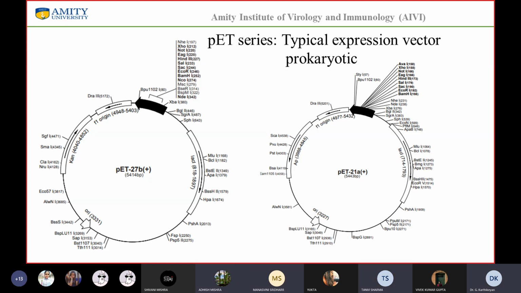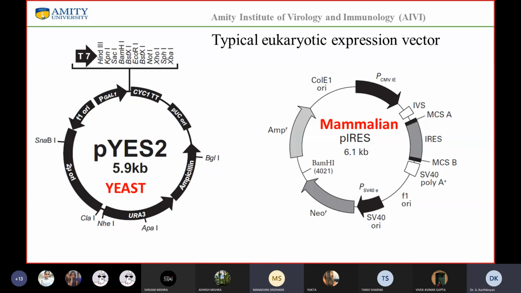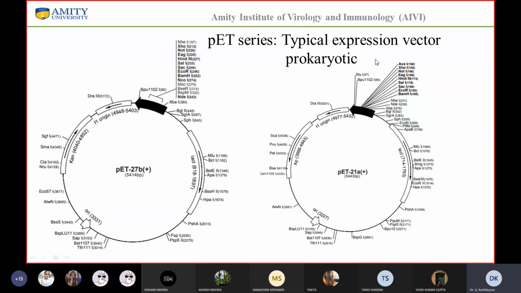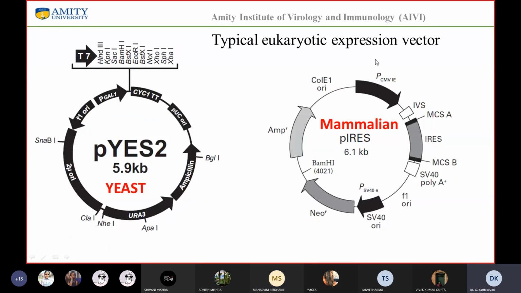Yes, sir. Okay, so that was the prokaryotic expression vector. This is the eukaryotic expression vector. So this is a yeast expression vector. You can actually now see that the modules are increased. You have additional modules. This is a pGAL1 promoter, which is going to drive your gene of interest, and you have a transcriptional terminator from the cyclin genes.